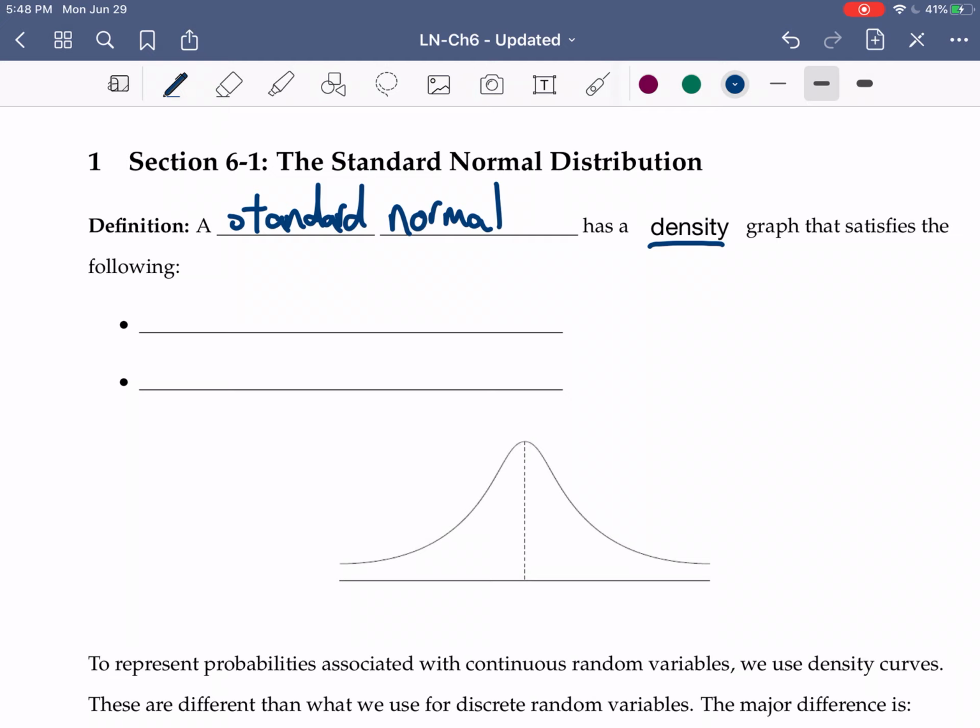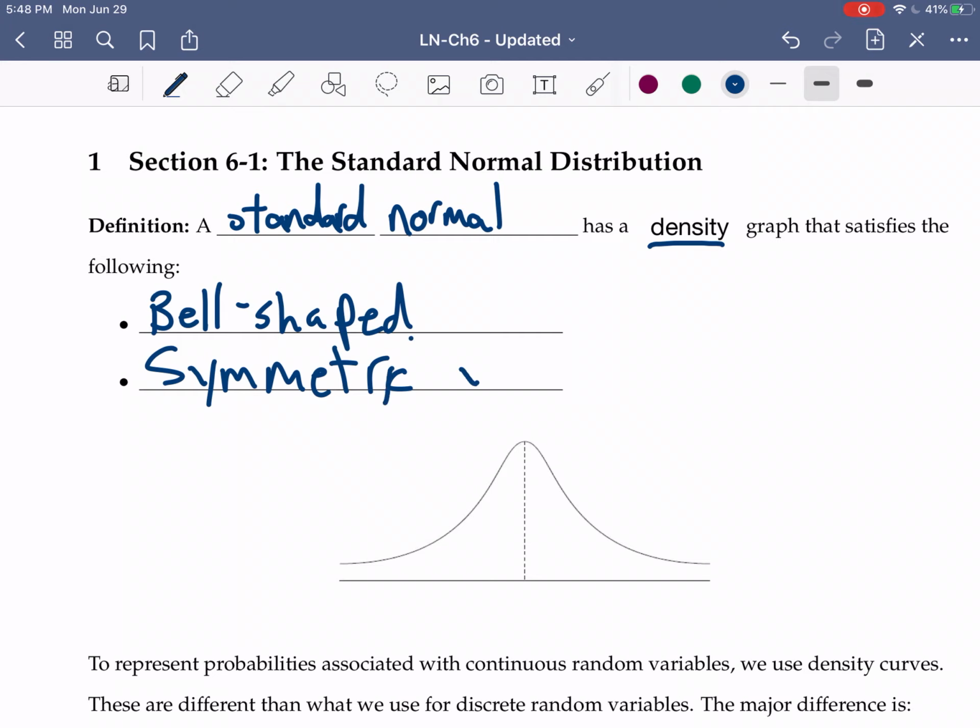It should be bell-shaped, and it is symmetric about the mean, with a mean of 0 and a standard deviation of 1.